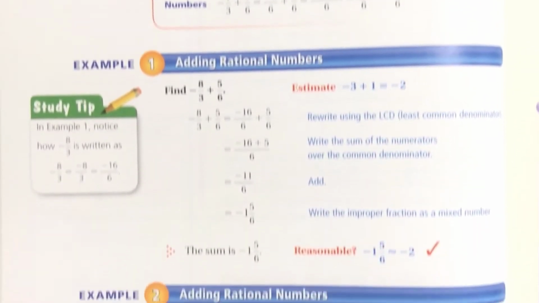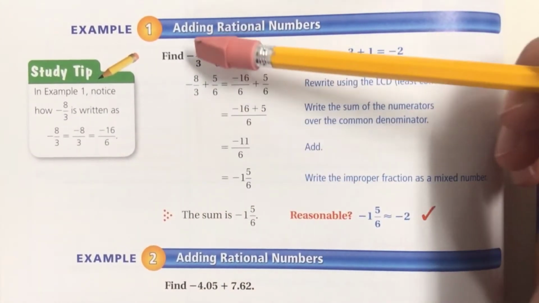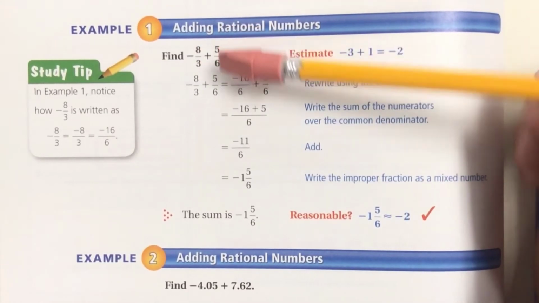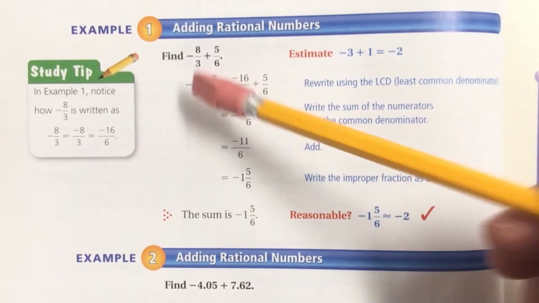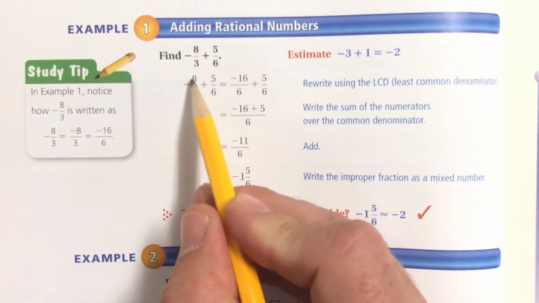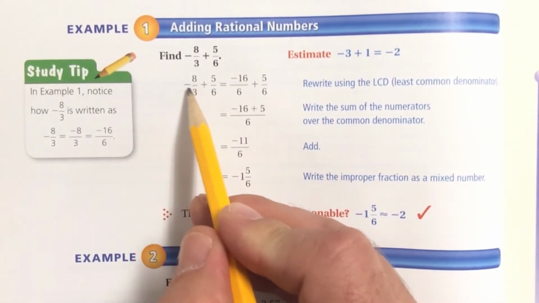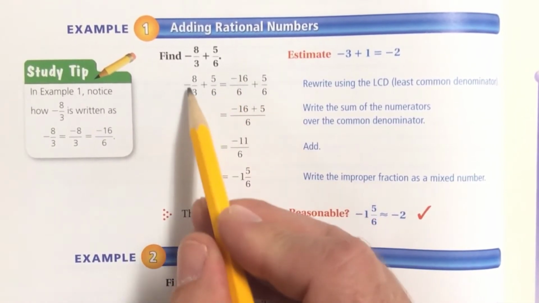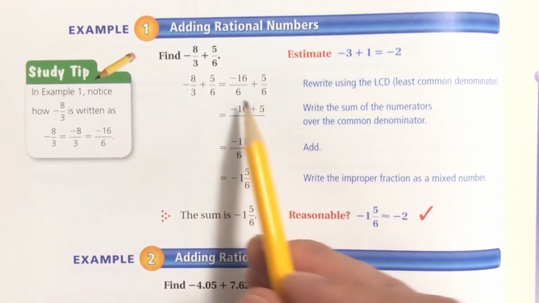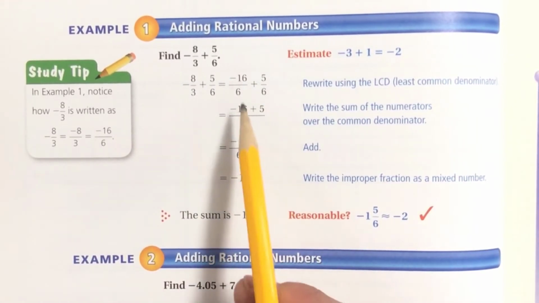So let's look at their first example. Negative 8 thirds plus 5 sixths. So they need a common denominator. They went with sixths. Notice the negative 8 thirds. They took that negative and they put it up top in the numerator. So now it's negative 16 over 6. They multiplied top and bottom by 2. Now they have a common denominator.